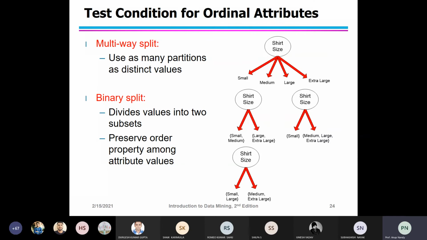In the binary split, it divides into two subsets: for example, small and medium versus large and extra large.